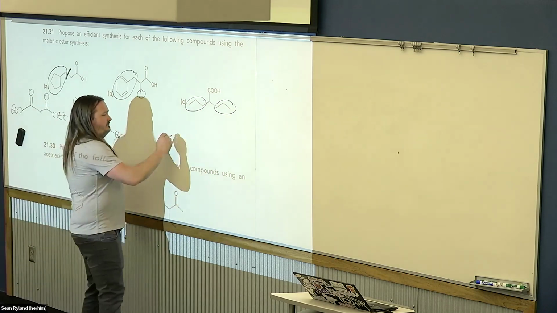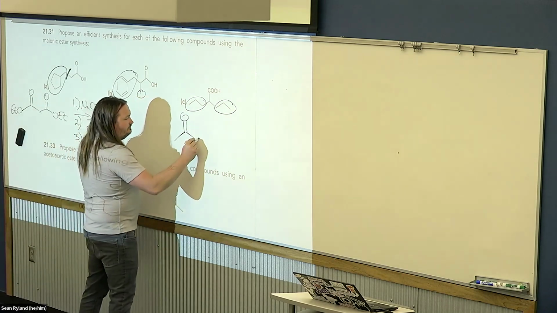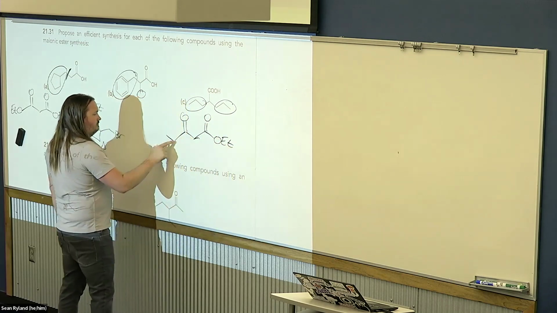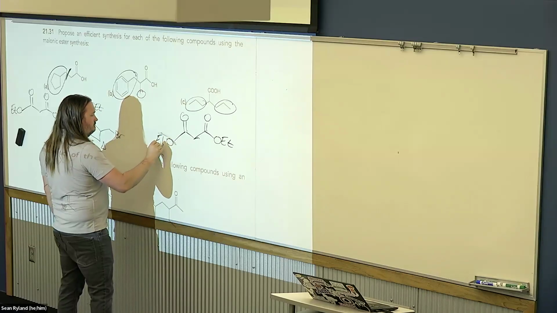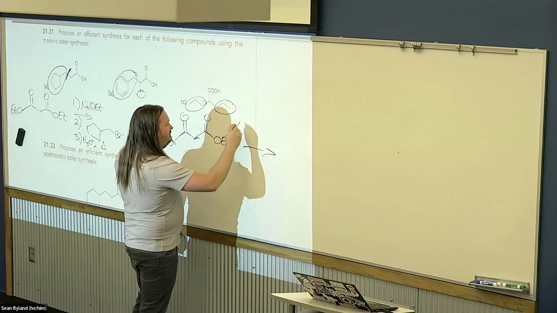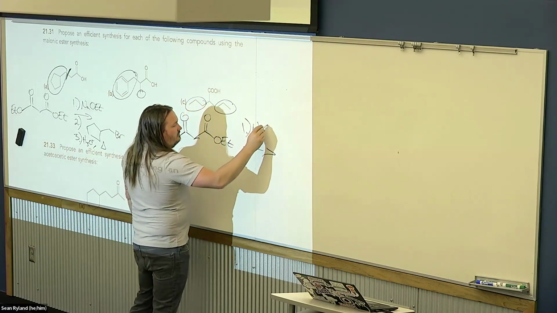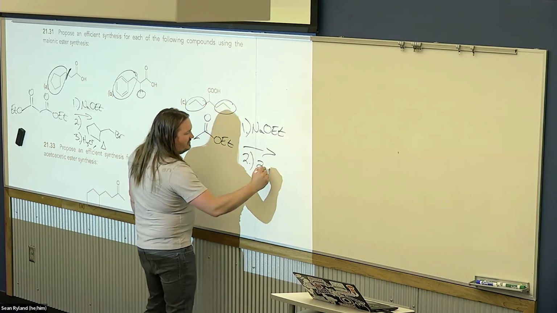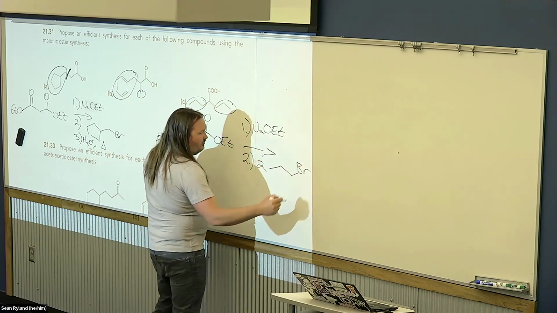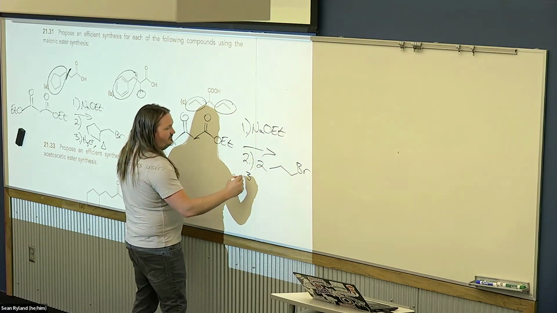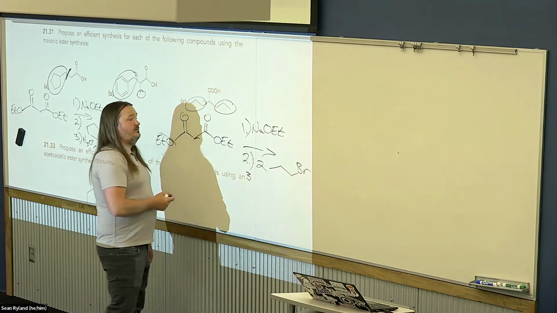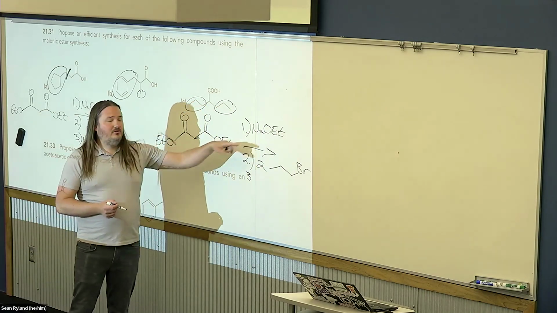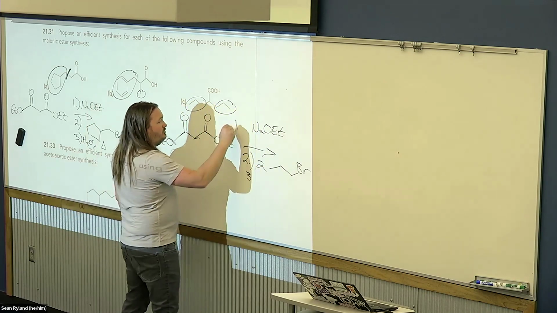Writing that out: ethoxide, two equivalents of propyl bromide, then actually you would need to make sure you use two equivalents of the sodium ethoxide as well, because you've got to deprotonate it twice.